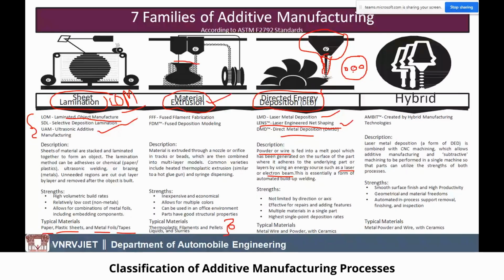the other two holes are the nozzles, we use them for sending the raw material in the form of a powder towards the laser beam or electron beam.